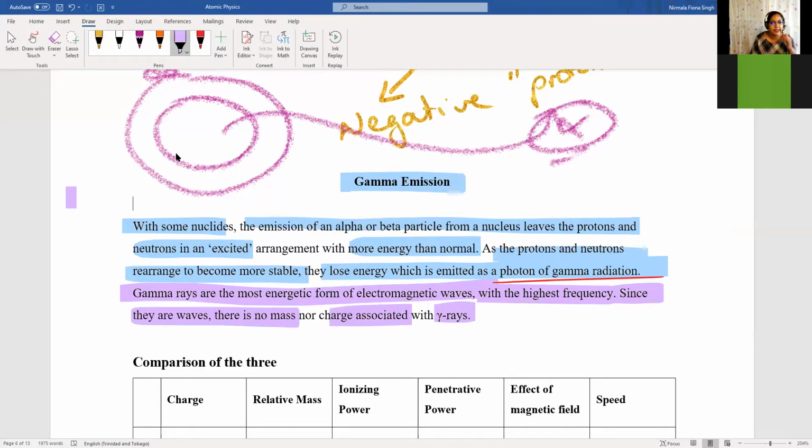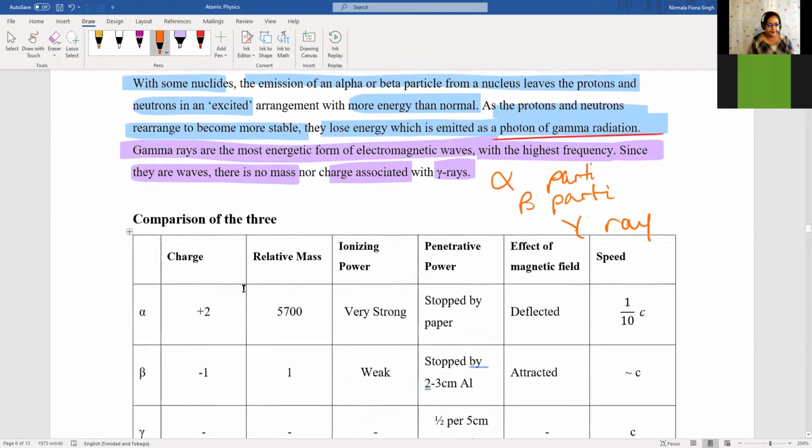Now, if you look at the names of these things, they always say alpha particle, beta particle, and gamma ray. Why? Because alpha and beta are particles. They are actual material components. A gamma ray is just a ray of energy coming out of your nucleus.